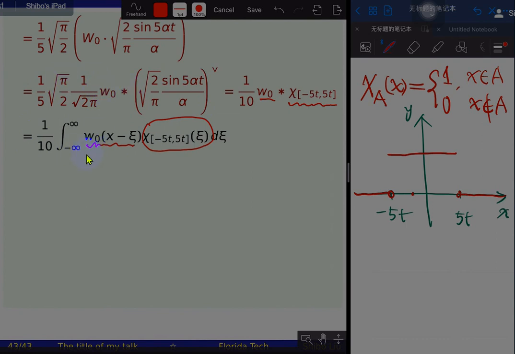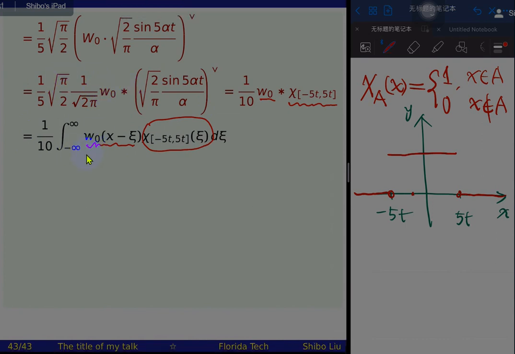Of course, if ξ does not belong to minus φt to φt, then the value of chi at such ξ is 0.